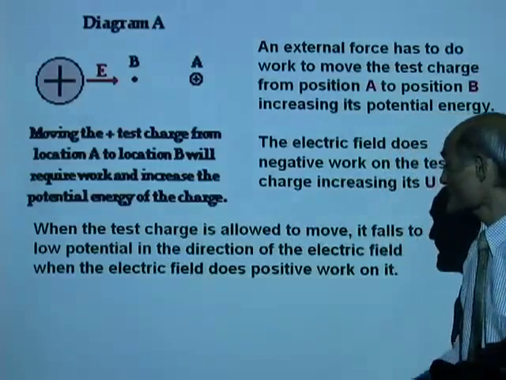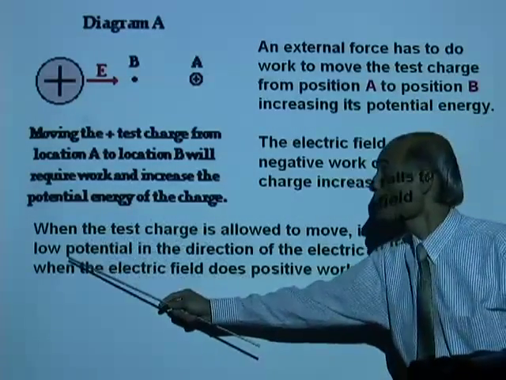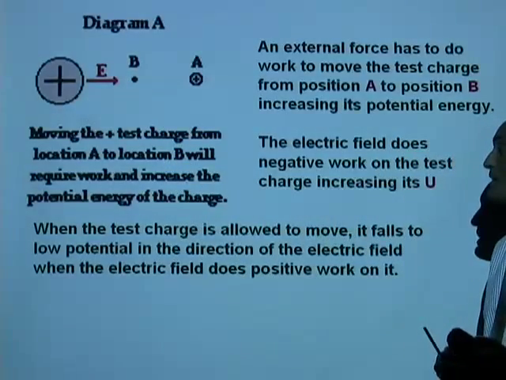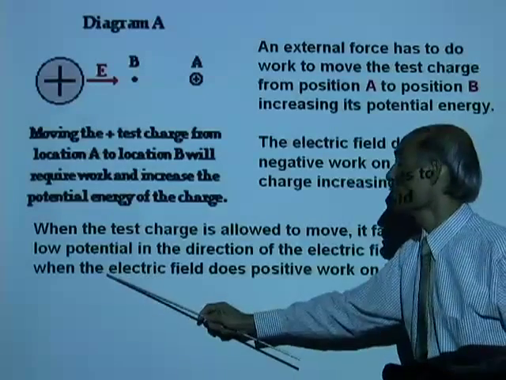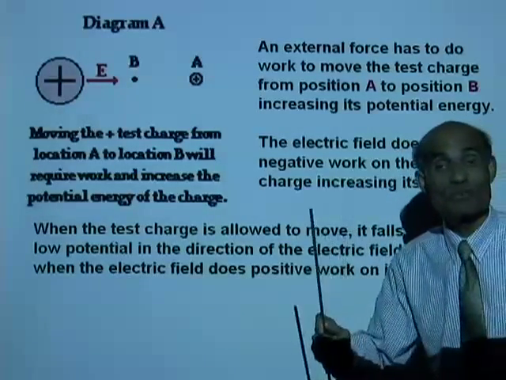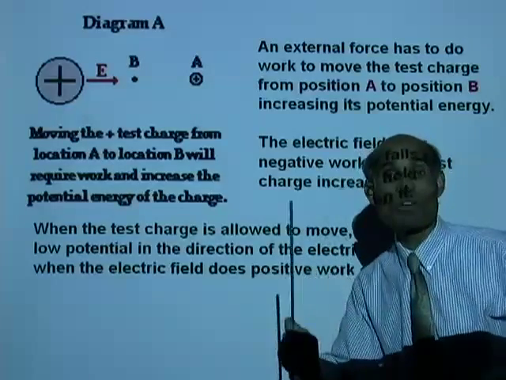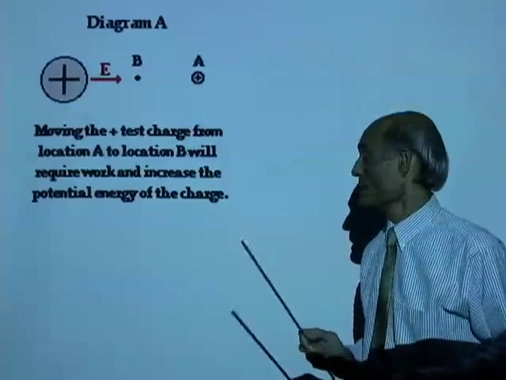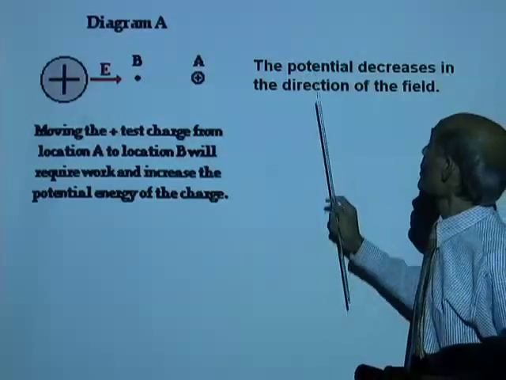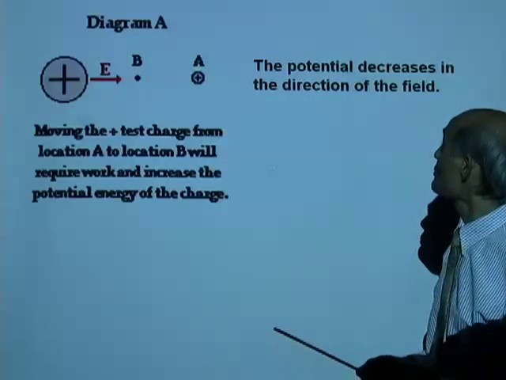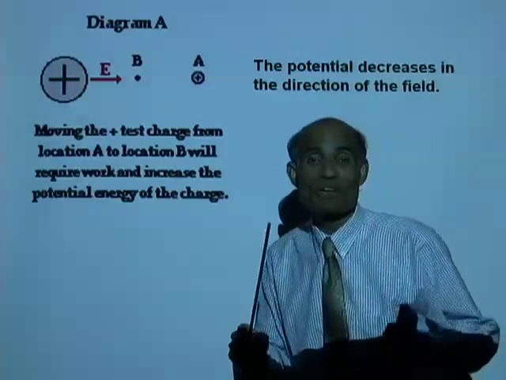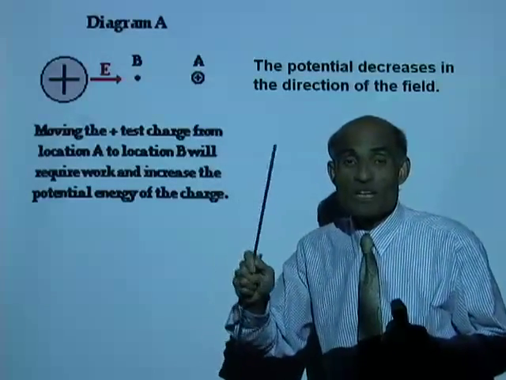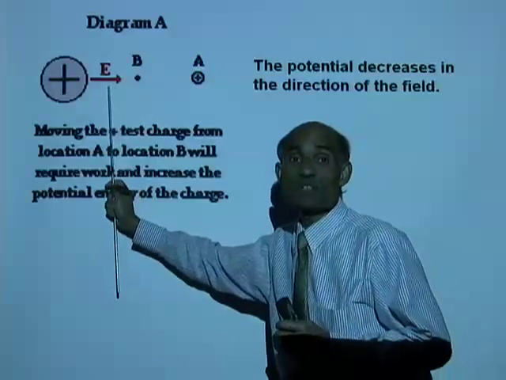When the test charge is allowed to move, it falls to a low potential in the direction of the electric field. That means when the electric field does positive work, it decreases the potential of the test charge. Therefore, the potential decreases in the direction of the field, a very important concept. The direction of an electric field is the direction of decreasing potential.